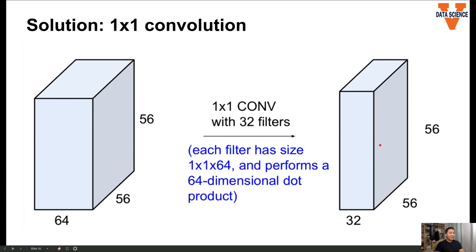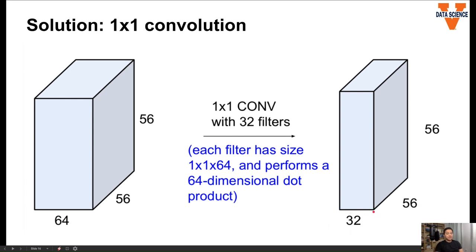Now, the nice thing is if I do that for all of these pixels here, I end up with a single pixel thick feature map. And then I'll do that as many times as I want. So if I want to do 32 filters, my output is going to be 32 deep, because for each 1x1 convolution, I end up with a single flat surface. So 32 filters would be 32 pixels thick.